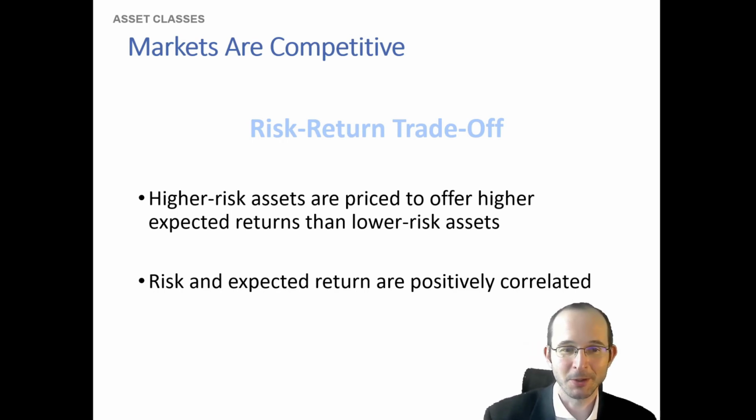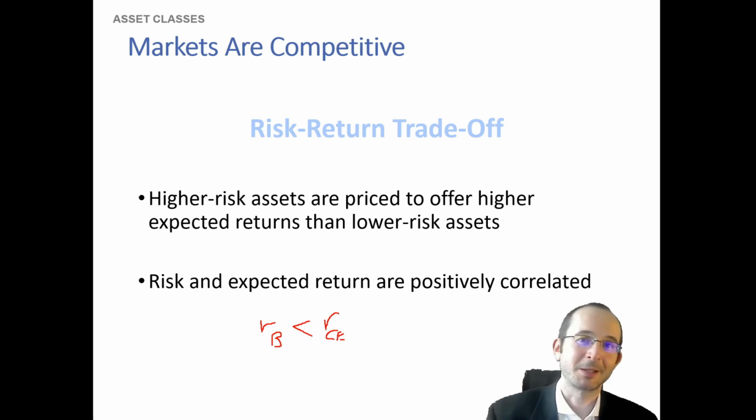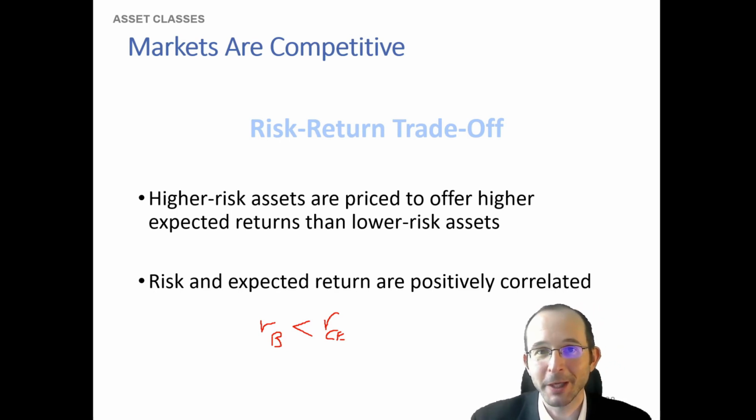So the return to the bond of a company should always be less than the return to the common equity of that company, because the common equity holder bears more risk. They're last in line. They have that residual claim. That means that if things are good, well, they get a lot.